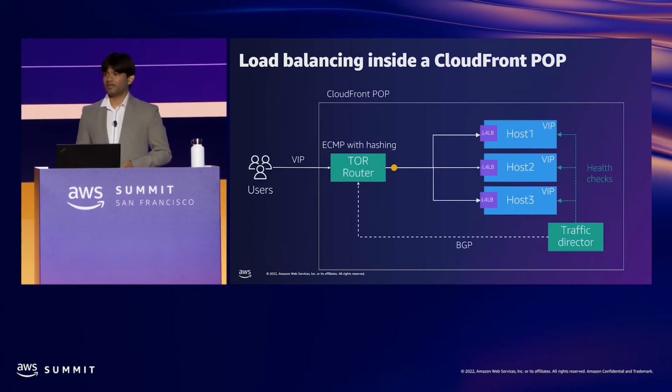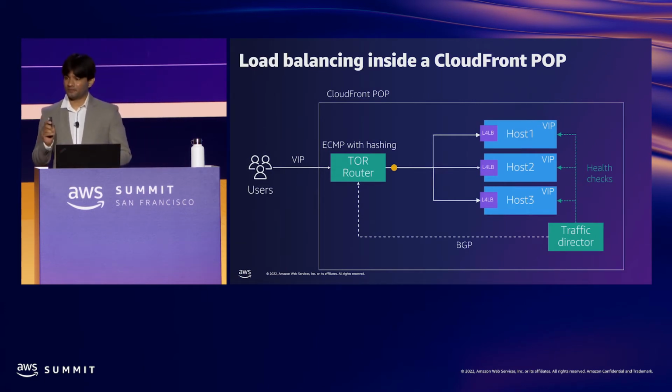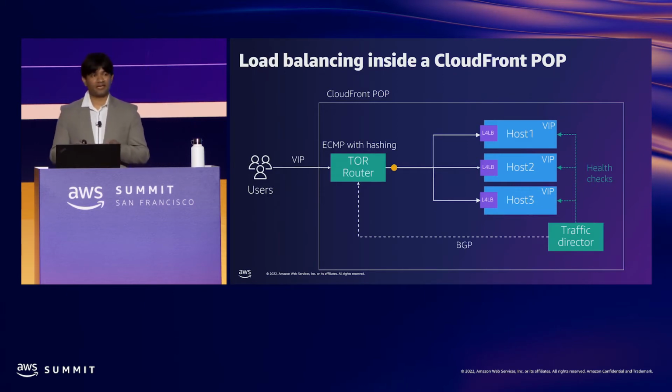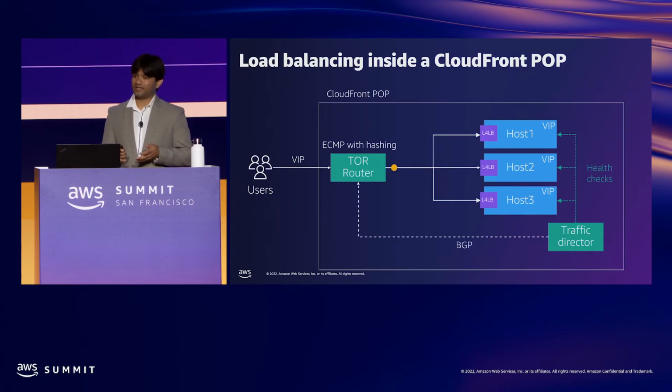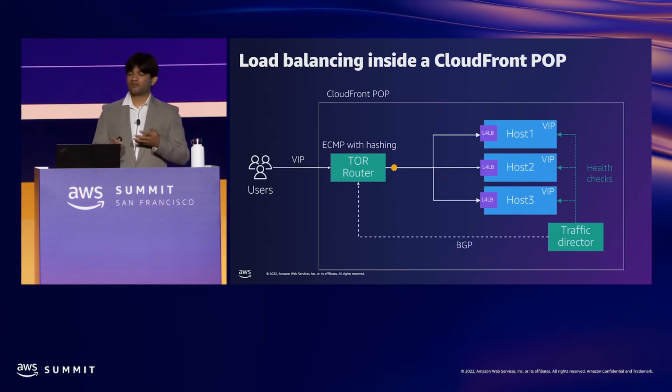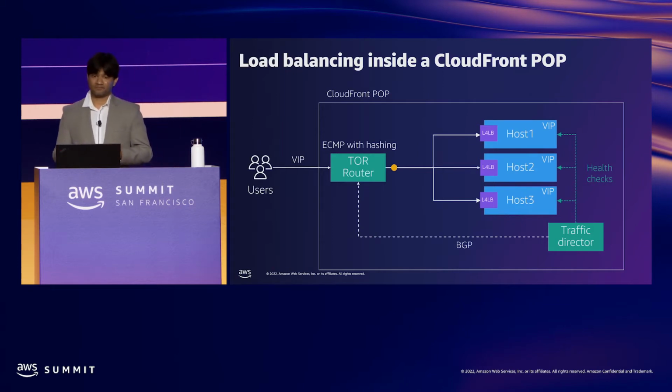But before I jump into what happens next, let me add another piece of complexity. So we have these L4 load balancers that are integrated into each host server. And these load balancers maintain a map of ongoing connections across the POP, so it knows which host is processing which TCP connection. So now let's go back to our example.